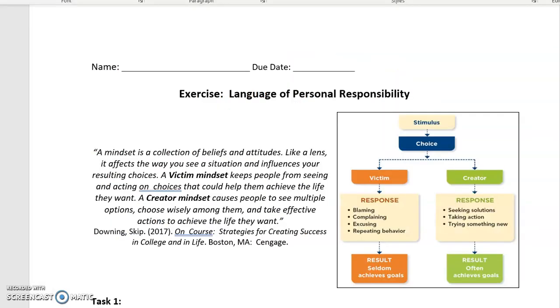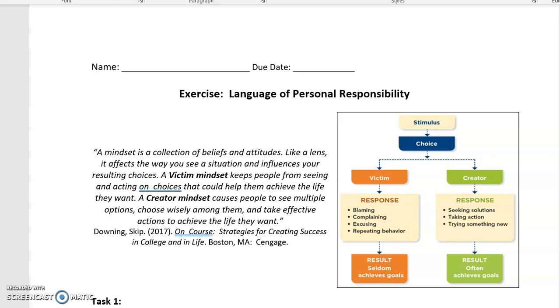The second concept of mindset that we discuss in this class is the idea of victim and creator. This mindset model is very similar to growth and fixed, with slight differences in that victim and creator mindset is based on our choices in life. When we are faced with a stimulus that requires us to make a choice, the victim mindset would often blame, complain, make excuses, and repeat ineffective behaviors.